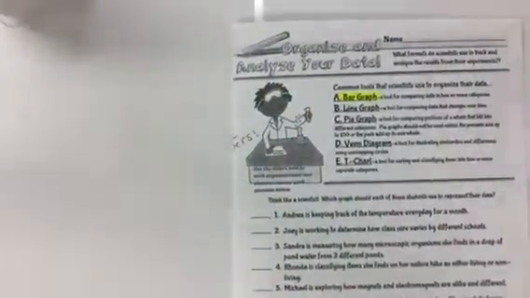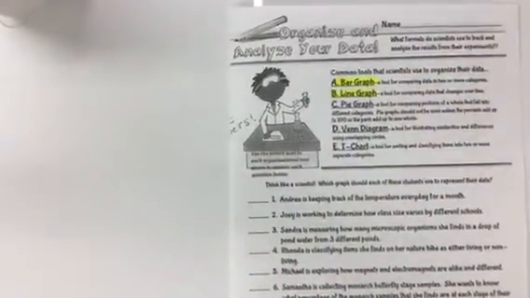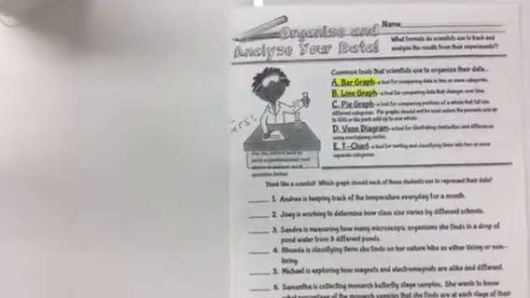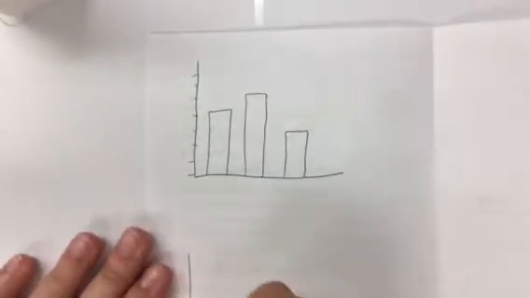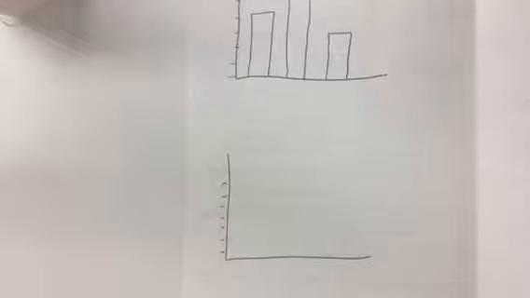All right, the next one, a line graph. Somebody read me what a line graph is used for. Jaden. A tool for comparing data that changes over time. Okay, so a line graph is used for something over time. So again, similar to a bar graph, it would have the numbers up the side here, and it would have the categories down here.